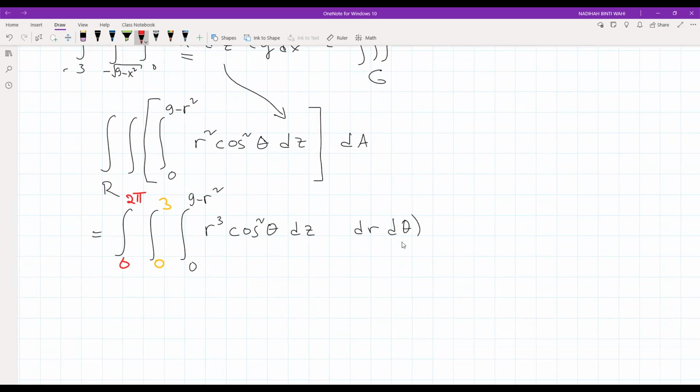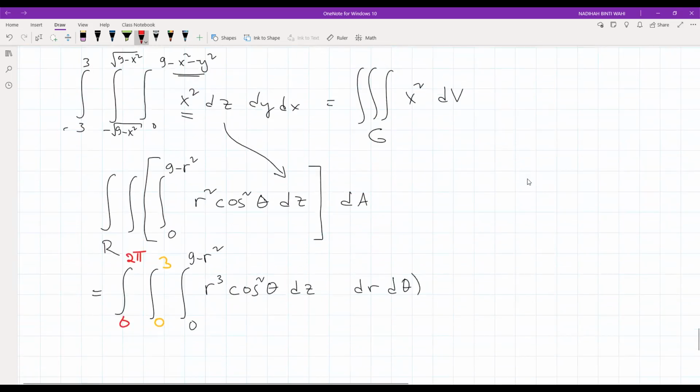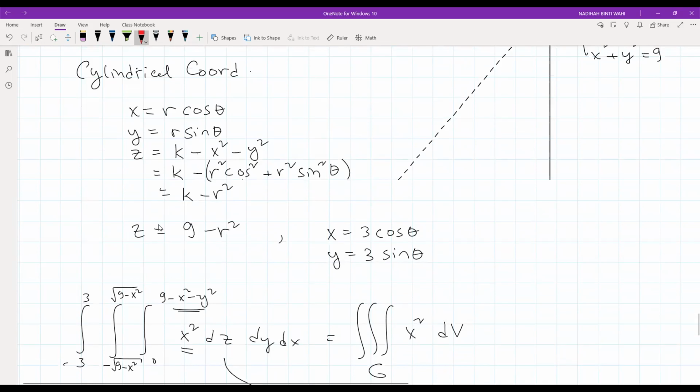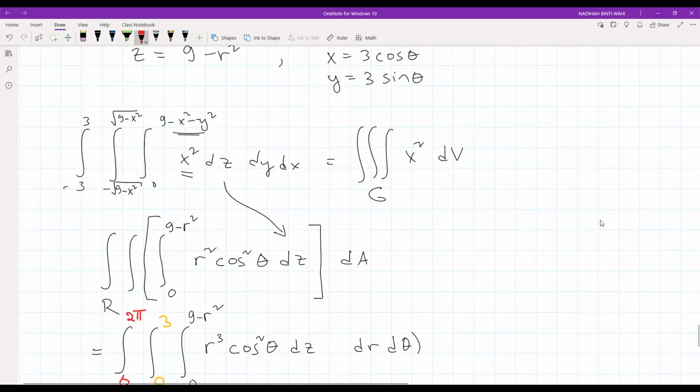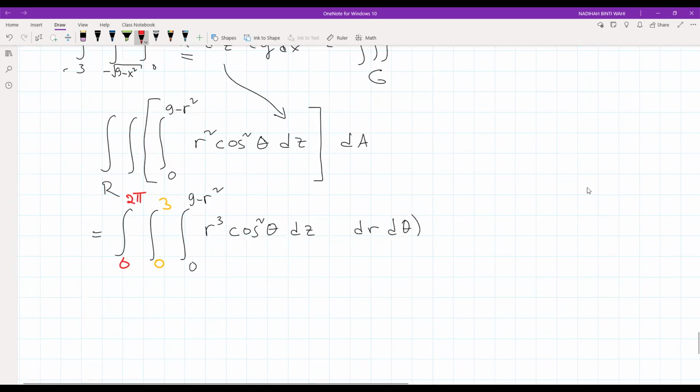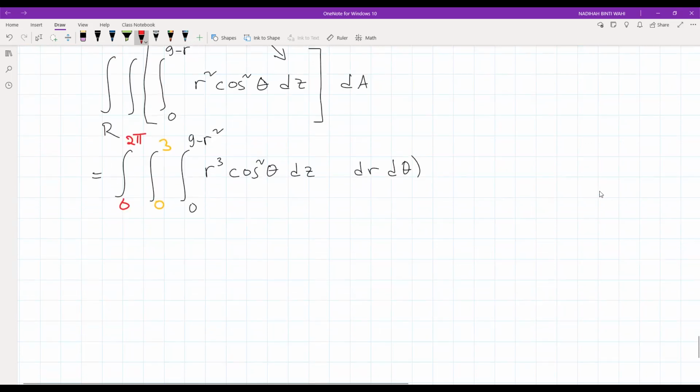So that's just the setup. In this case, you don't have to worry about the Jacobian because this is cylindrical coordinates. This is just direct, straight to the point, because we have dA only on the XY plane.